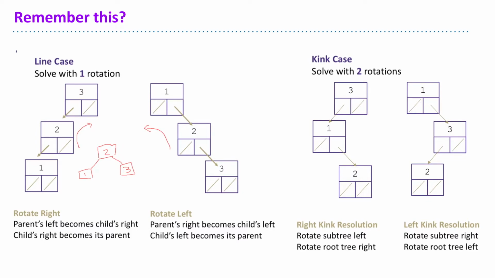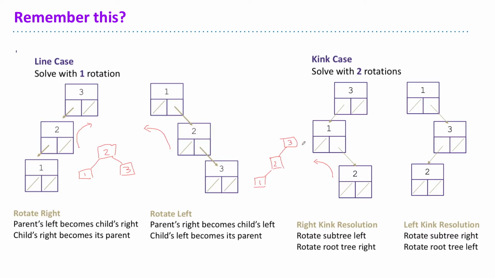Alrighty, so kink resolution can be a little bit trickier because it requires 2 rotations. For this right kink resolution, first we have to perform a left rotation on this 1. When we're doing a left rotation, that means that we want to drag the 2 up to where the 1 is, and then we'll make 1 the left child of 2.